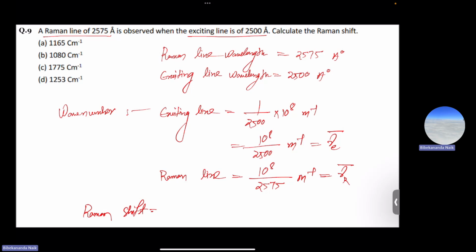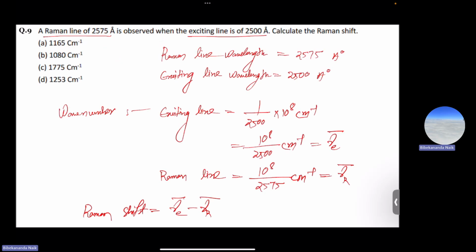The Raman shift will be E minus R. So if we calculate it, it will be 10 to the power 8 divided by 2500. So it will be centimeter inverse because 1 Angstrom is 10 to the 8 centimeter inverse.